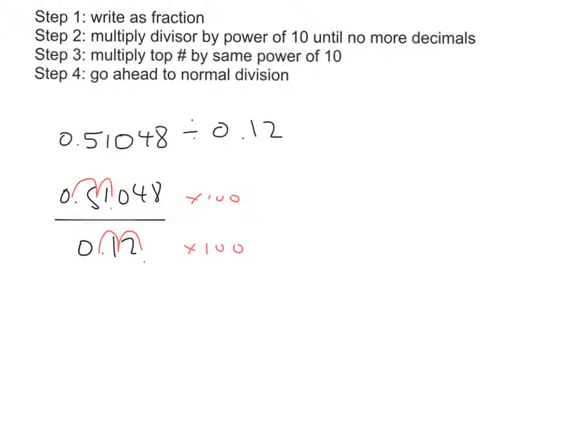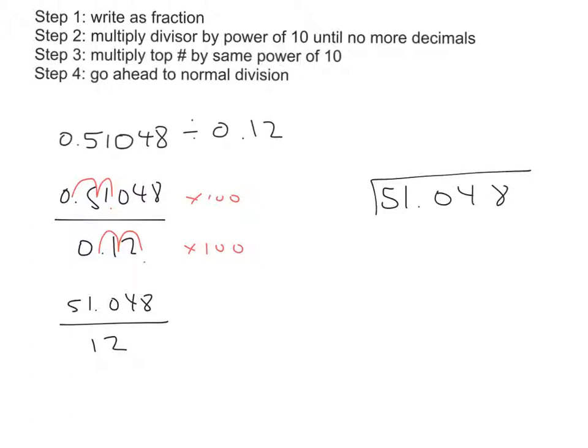So we'll just rewrite this fraction as follows. Okay, so step 3 is multiply top number by the same power of 10, which we've done. We've done that, and now we can go ahead to normal division. So we put the number that's being divided into the division symbol and the divisor outside.